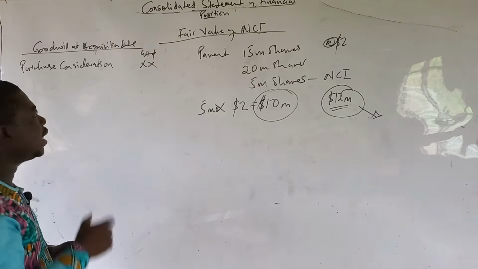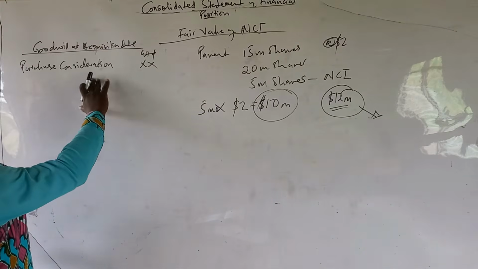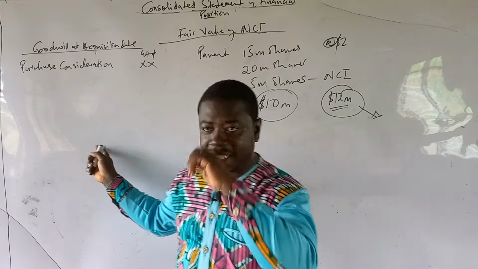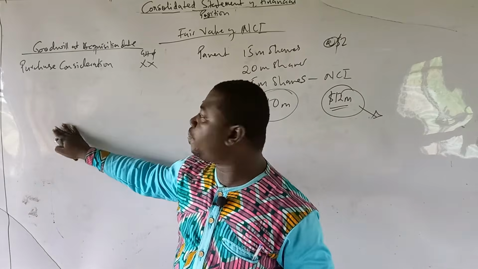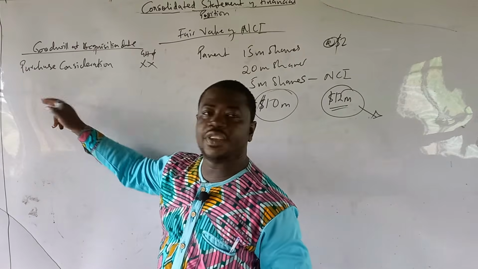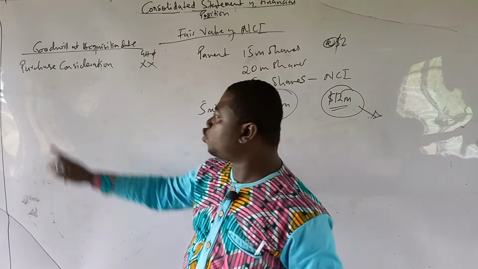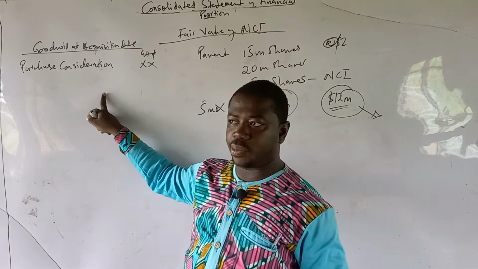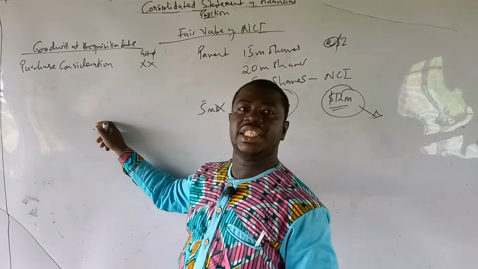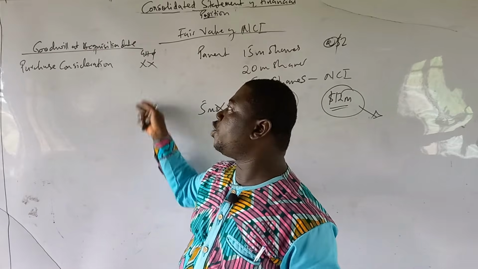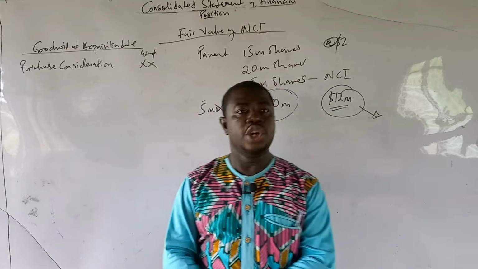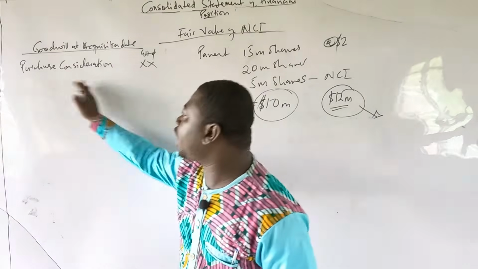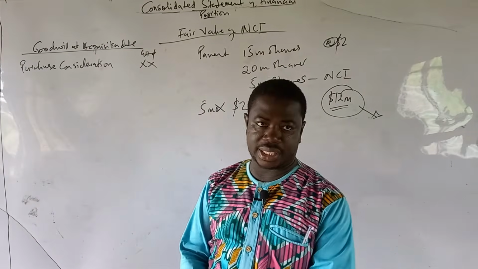Now, we know that after purchase consideration, we less fair value of net assets. Now, taking out the fair value of net assets, whenever we get to this place, we find the percentage. So if the parent has 70%, it will be 70% of the stated capital, 70% of the income surplus. If there is any revaluation surplus, 70%, you add that, then you subtract from their own purchase consideration. So in other words, you always find the percentage holding of the parent for the equity items before you subtract.